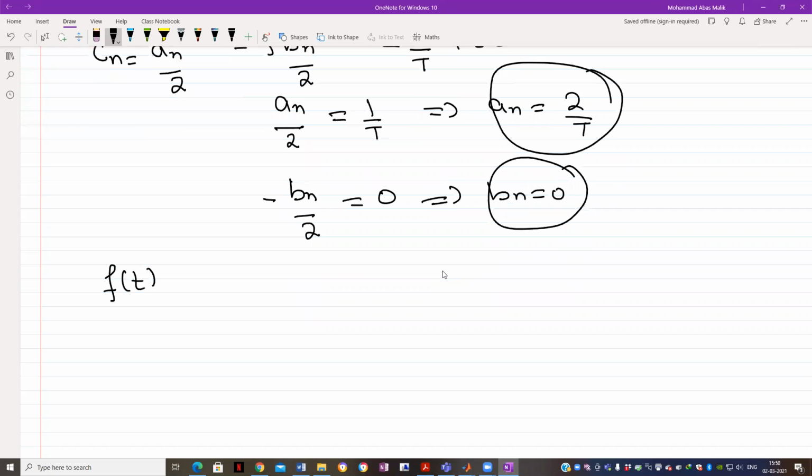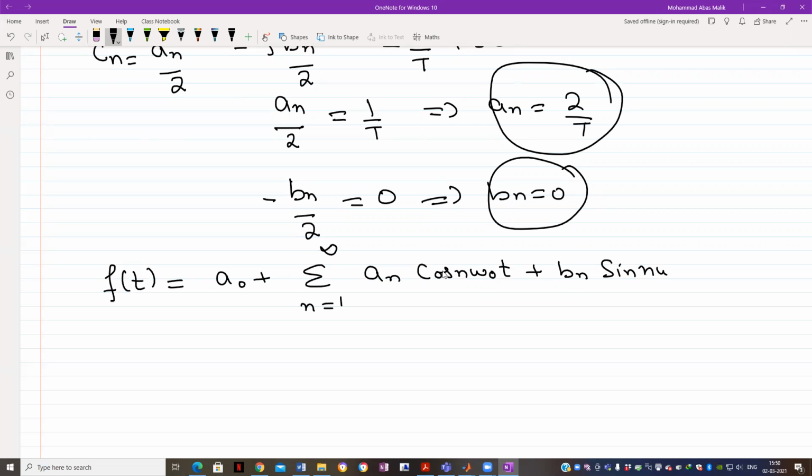The expression of the trigonometric Fourier series f of t is a naught plus summation of n from 1 to infinity an cos of n omega naught t plus bn sine of n omega naught t. Right? Okay. What's the value of a naught? 1 by T. Okay. So it will be summation of n from 1 to infinity. bn is 0, 0 into this will be 0.